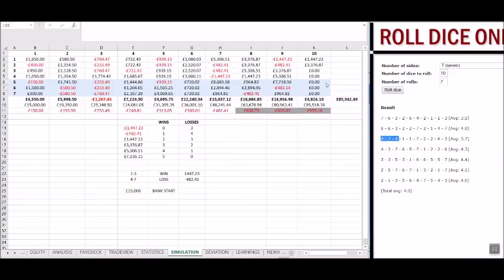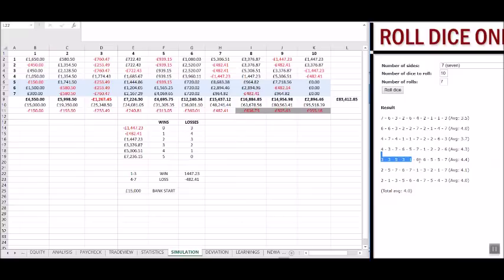Loss here, which is minus 1447.23. That is minus 482.41. So we come now to the Friday, which is 1, 2, 3, 4. So that's 5,306.51.